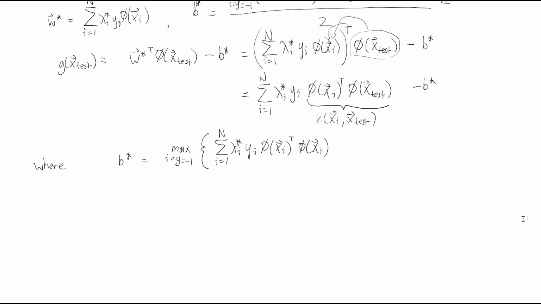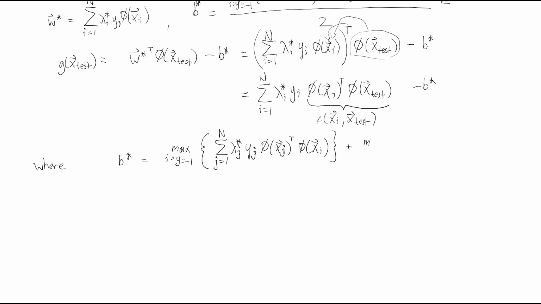So this is where it's important to get the indices and the summation correct. Before we had W star equals a summation over the index i, but this index variable can be anything. In here, because we have another index i on the outside for the maximum, let's change the index of the summation to j without changing the meaning. Okay, so all of these are index j.